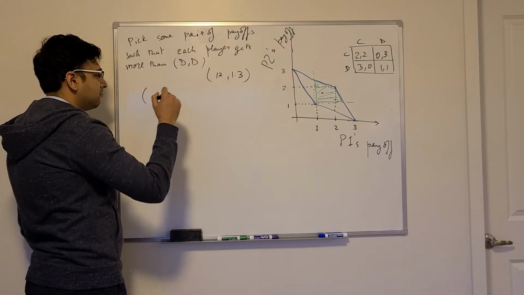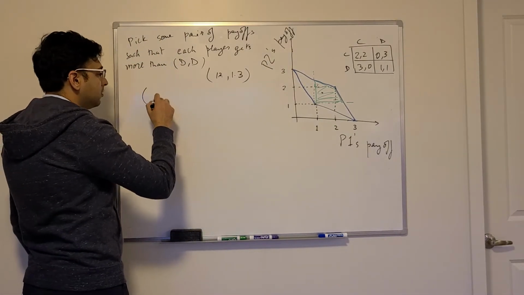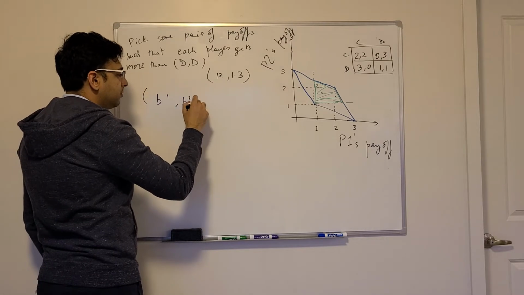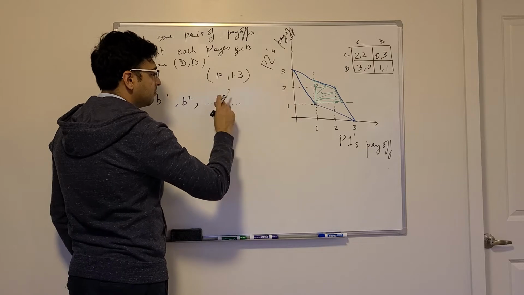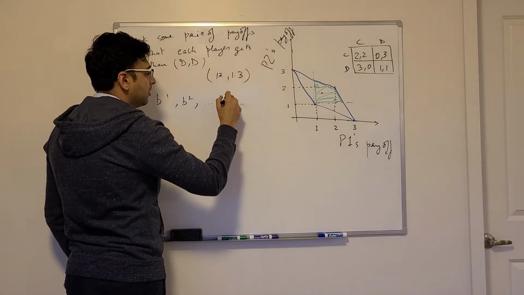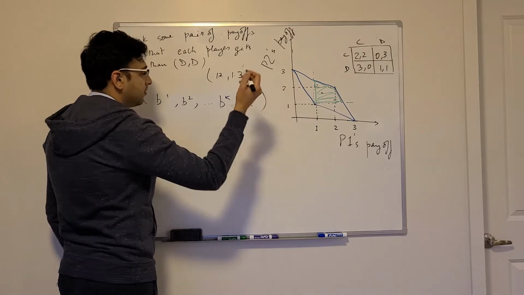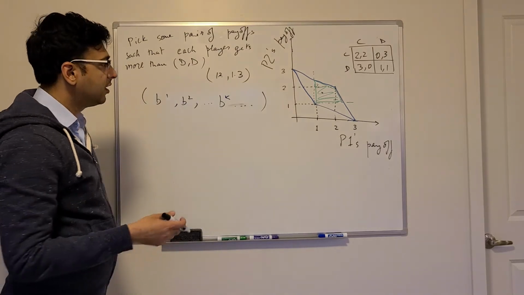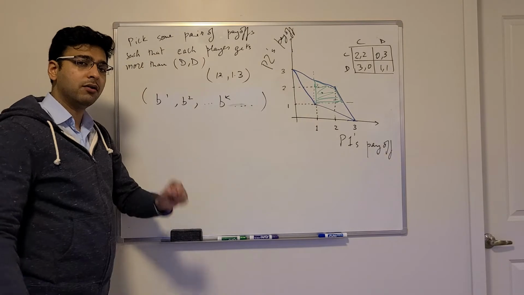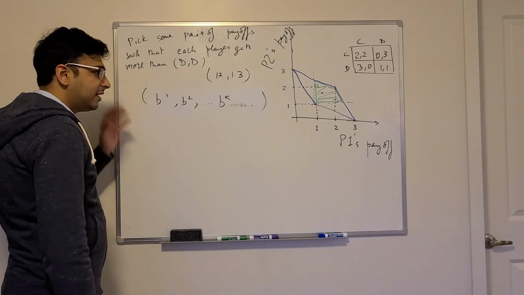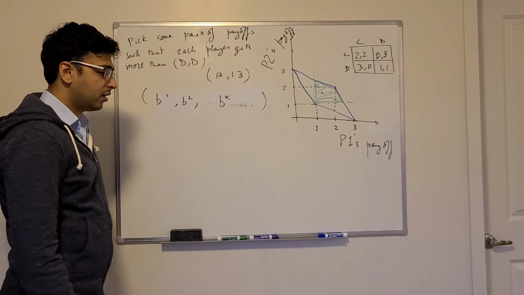Let's call those outcomes B1, B2, up to B K, and it keeps going on ad infinitum. These are average payoffs, so this is like the average of what they get over all of the periods, and it can be sustained by some series of outcomes.